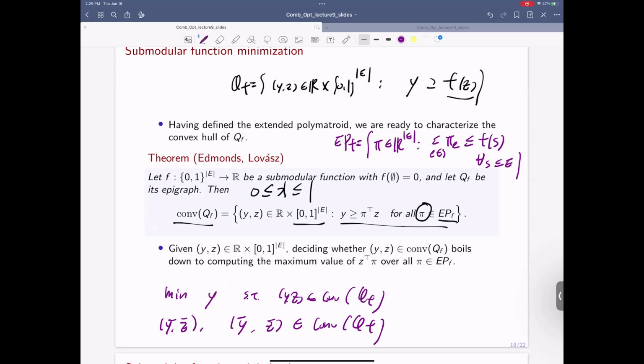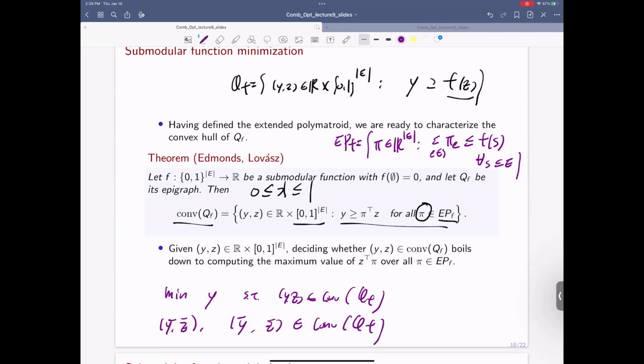Given (y bar, z bar), can you prove that there's some point pi where pi transpose z bar is actually greater than y bar? That is what we want to check. Then the separation problem basically boils down to computing the maximum value of pi transpose z bar, and you compare it with y bar. And the maximization is done over pi in the extended polymatroid.